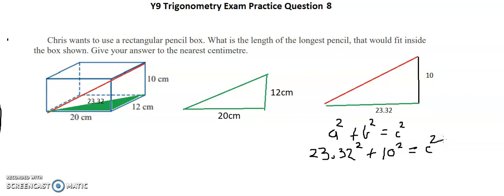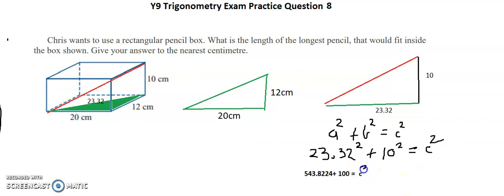I know 23.32 squared is 543.8224, and 10 squared is 100, and that is equal to our c squared.